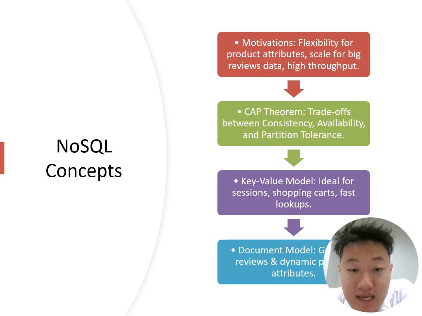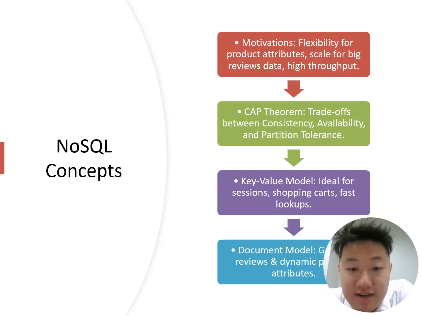And the CAP theorem: in a partition, you must trade between consistency and availability while tolerating partitions. For reviews, an AP choice, high availability with eventual consistency, can be acceptable. Key-value fits sessions, shopping carts, and fast counters.